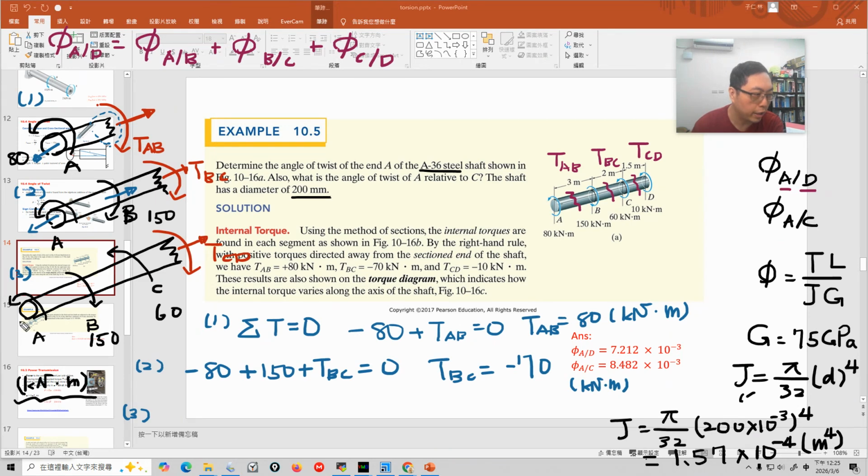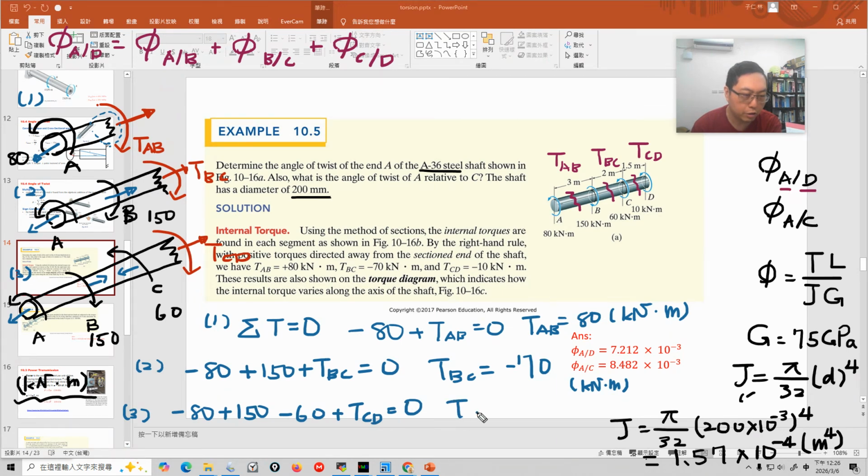Let's see section 3. The torque A we know is negative, torque B is positive. What about torque C? Use the right hand rule. It rotates in this direction, so the thumb direction is here, which is inward to the surface. So torque C is negative. So minus 80, plus 150, minus 60, plus TCD equal to 0.